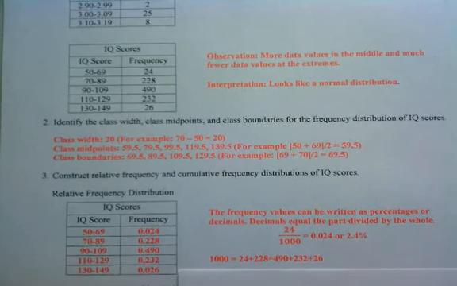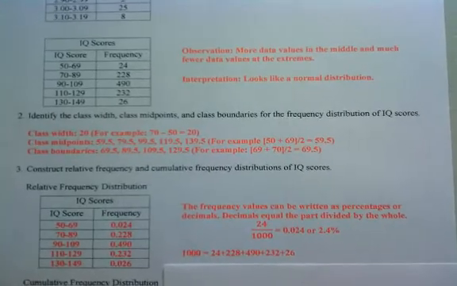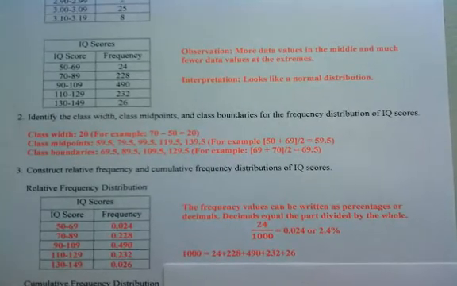A couple of things to note here. The frequency values can be written as percentages or decimals. And decimals just mean the part divided by the whole. So in that first class, the 50 to 69 IQ scores, there were 24 of them. 24 divided by 1,000 is 0.024 or 2.4%. You can write it either way.